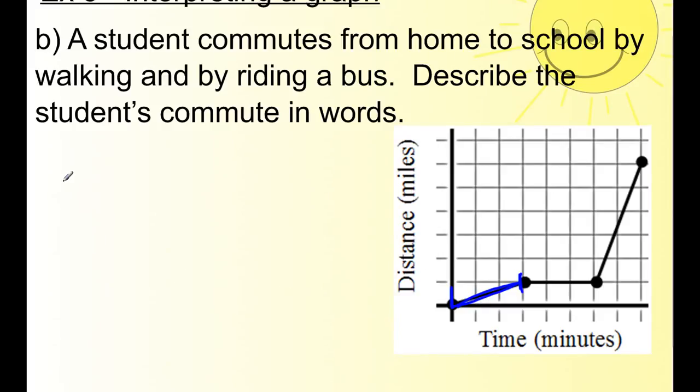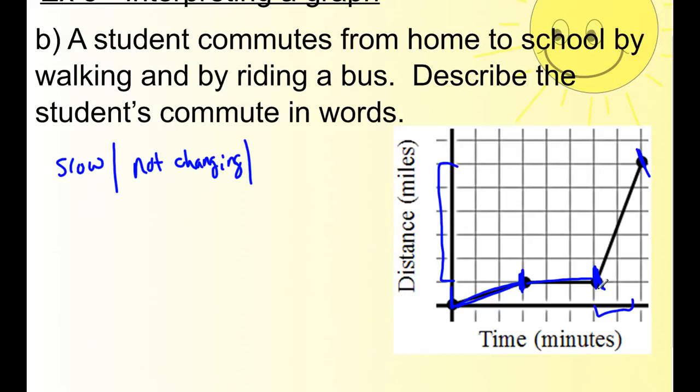In the first unit of time, it's slow. Then from here to here, the graph is remaining constant, meaning it's not changing. And then in this third section of time, in a short amount of time, it's going a large amount of distance, which means this person is moving very fast. Short time, big distance, they're moving fast.